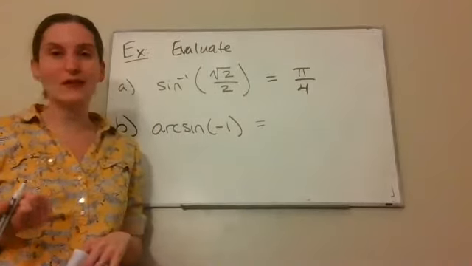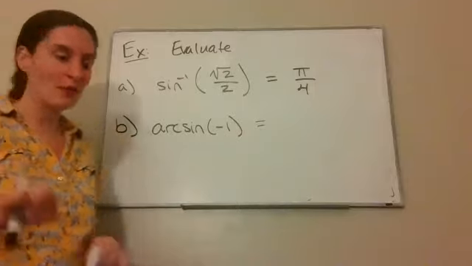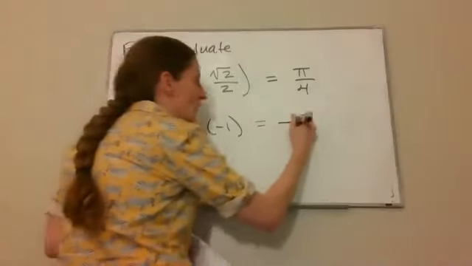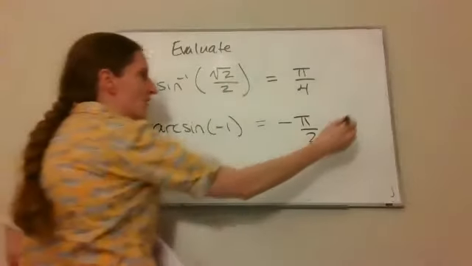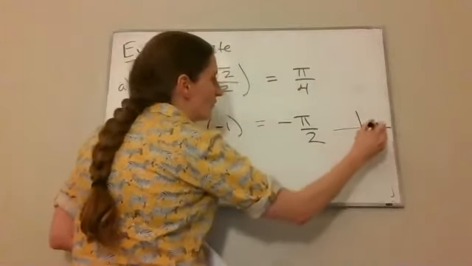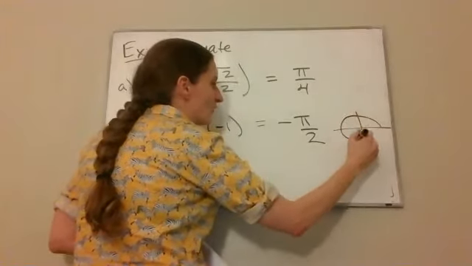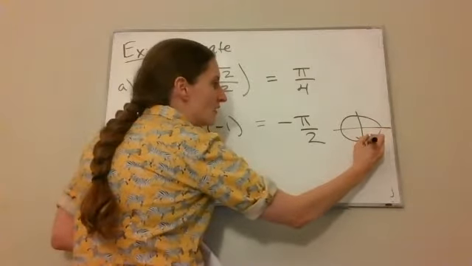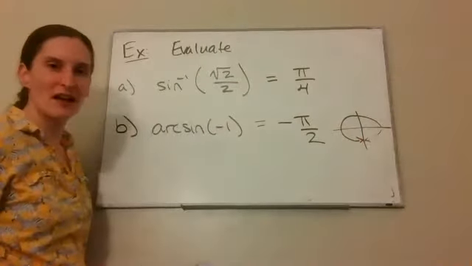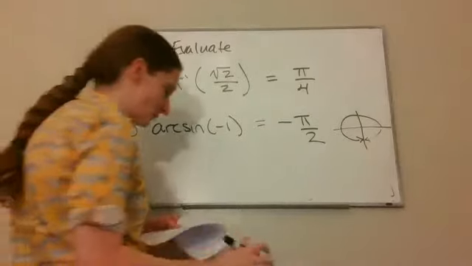However, we're only using values between -pi/2 and pi/2. So the answer is -pi/2 because that's the same thing as 3pi/2. Remember, 3pi/2 is the angle that goes around this way. -pi/2 is going the other direction, but they are coterminal angles.